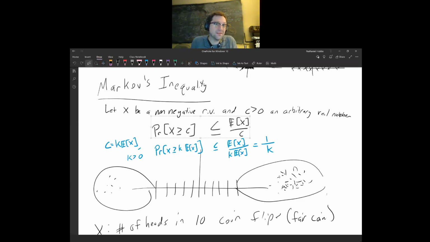The actual probability is 0. Markov didn't lie, but it's not particularly useful. Similarly, when we talked about rolling a fair die, and what's the probability that you'll roll a 7? Markov tells you that the probability of that happening is less than a half. It is less than a half. That is true. That also happens to be 0. Great.